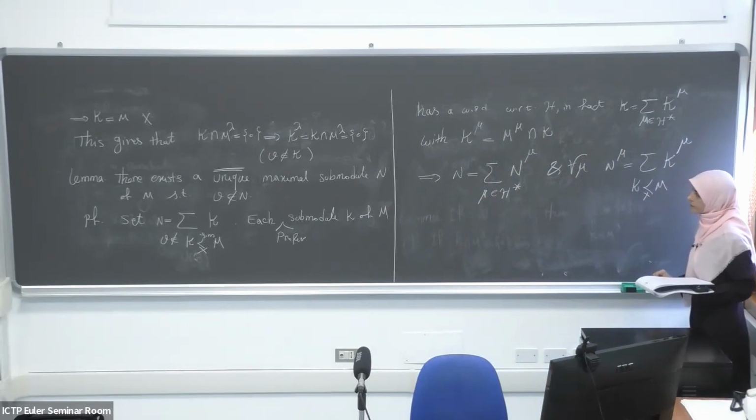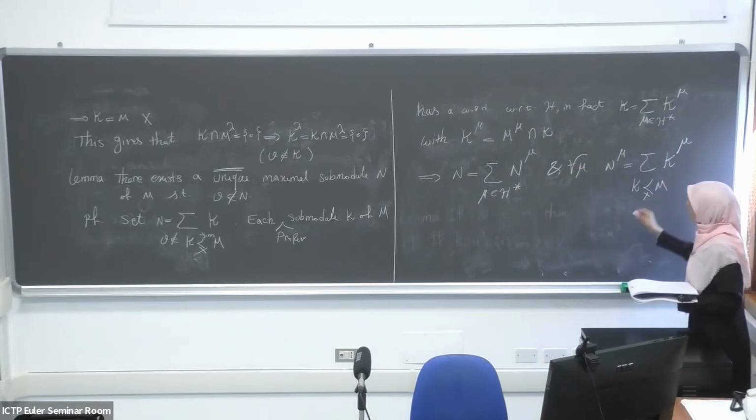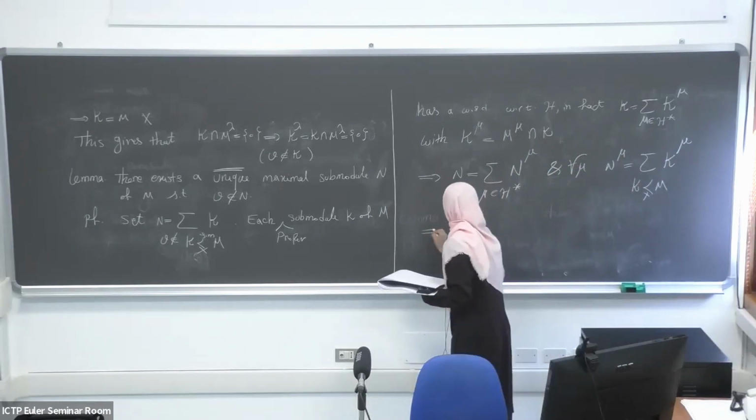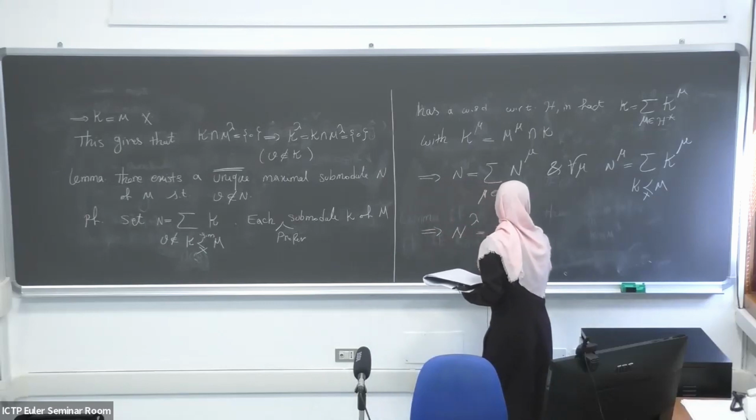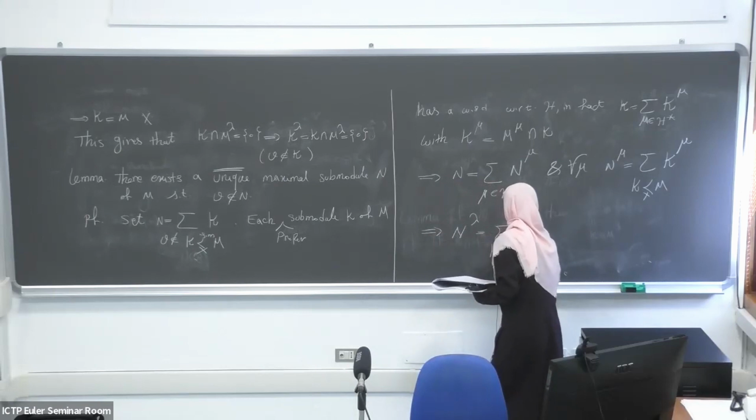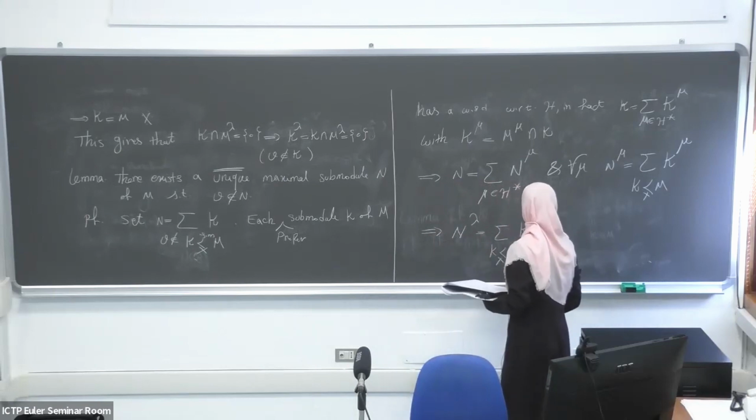Okay. And now, in particular, N lambda is the summation of K lambda when K is a proper submodule of M.